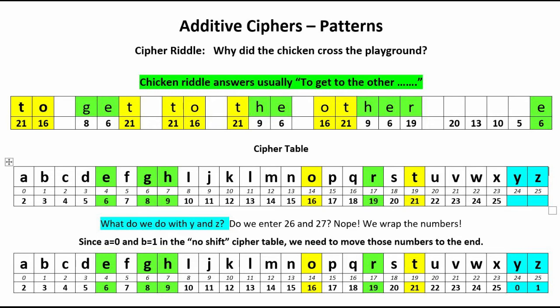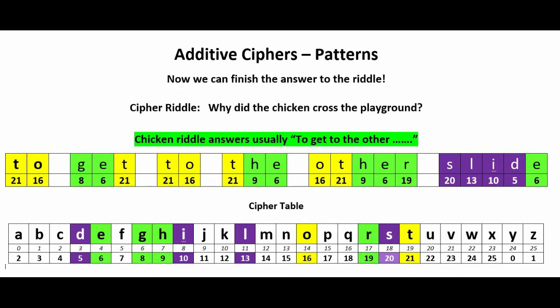So since A equals 0 and B equals 1 in the no-shift cipher table, we need to move those numbers to the end. So Y equals 0 and Z equals 1. When we fill in the missing letters that match the numbers in our cipher table, we see that the answer of why did the chicken cross the playground is to get to the other slide.